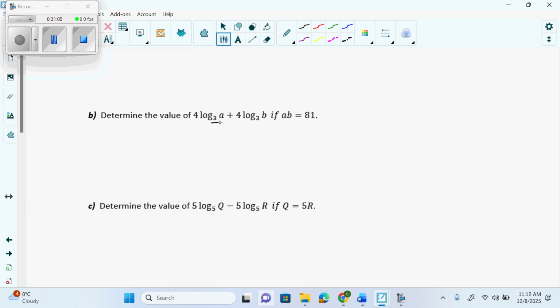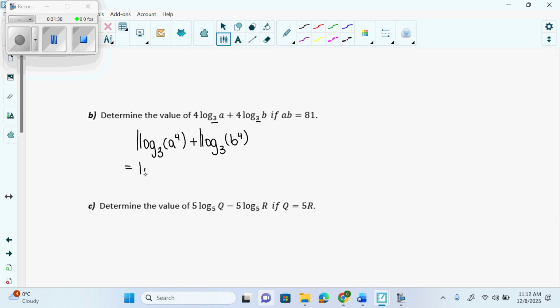Base 3, it screams, put me together. Oh wait, I can't put them together currently because what's in front of them? 4s. And what do I need in front? 1s. So I'm going to get log base 3 of a to the 4 plus log base 3 of b to the 4. Now they have plus 1s in front, so I can multiply.